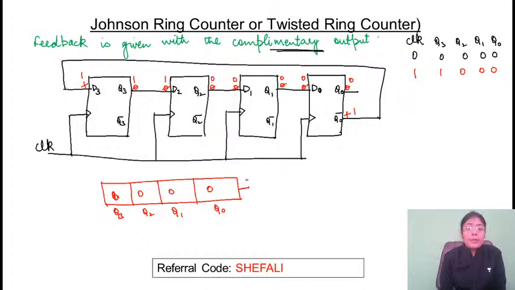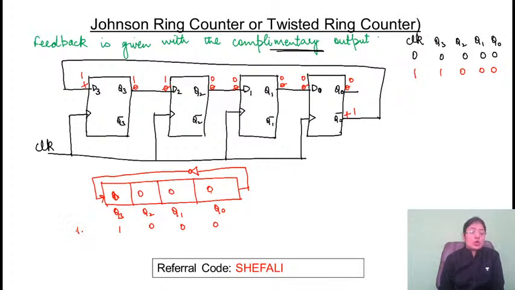That is the complement of Q0, the not of Q0. Shift register. So not Q0 is what? Q0 is 0, so not of Q0 will become 1. So you will be getting 1000 after the first clock.